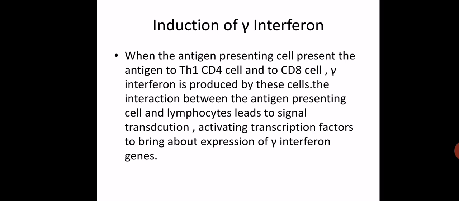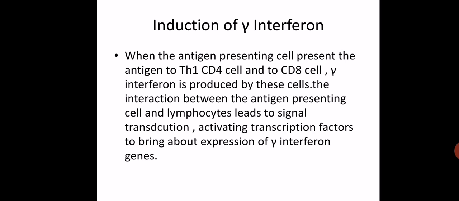Now, induction of gamma interferon. How is gamma interferon induced? When the antigen presenting cell presents the antigen to Th1 cell or CD4 cell, CD4 meaning cluster of differentiation, and to CD8 cell. We know that T cells have been divided into two major subsets, T helper and T suppressor.